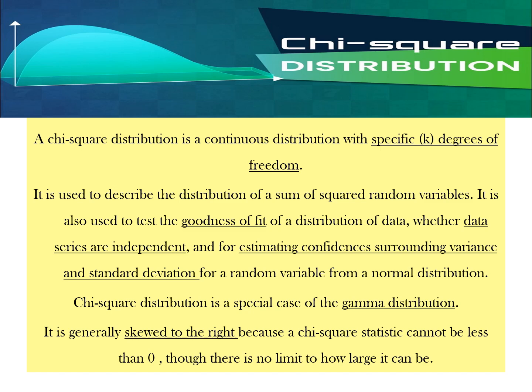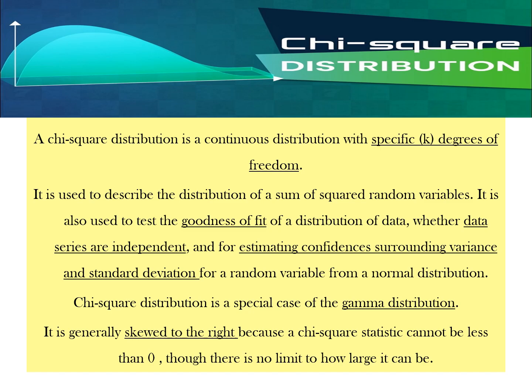See over here, chi-square distribution is a continuous distribution with specific k degrees of freedom. According to the degrees of freedom, the exact shape of the chi-square distribution varies, and that we are going to discuss in our later slides. It is used to describe the distribution of a sum of squared random variables.